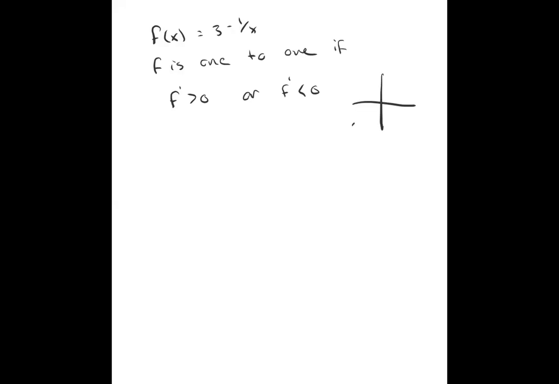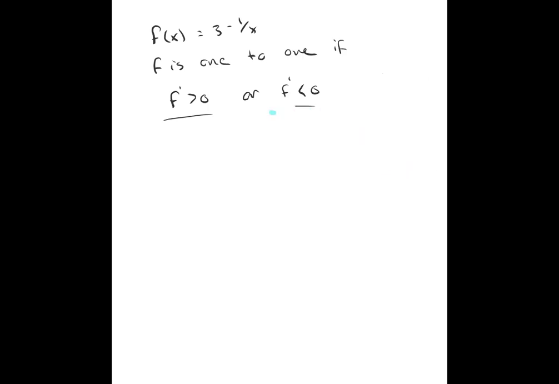If a function's first derivative is either always positive or always negative, that means that function's increasing, which means as we scan left to right, for example, it's just going to be climbing if the derivative is positive, or it's just going to be decreasing if the derivative is negative. But the point is that if a function satisfies either one of these conditions, it's going to pass our horizontal line test, which is the easiest way to check for if the function is 1-to-1 or not.